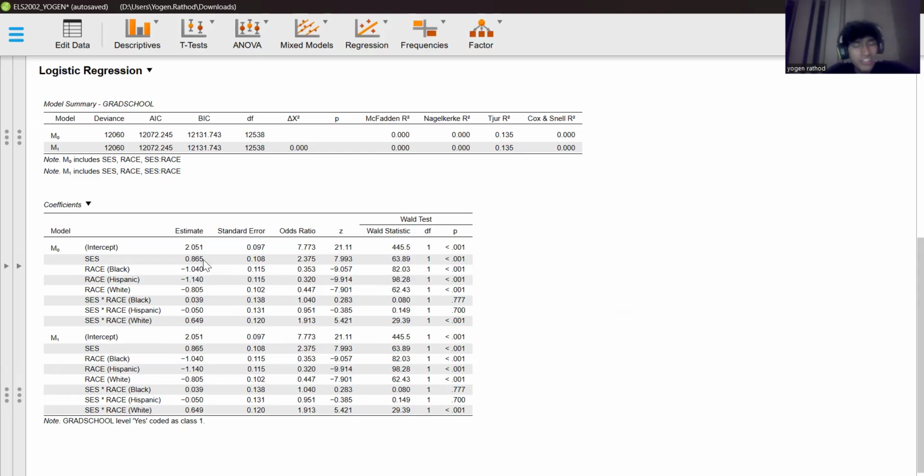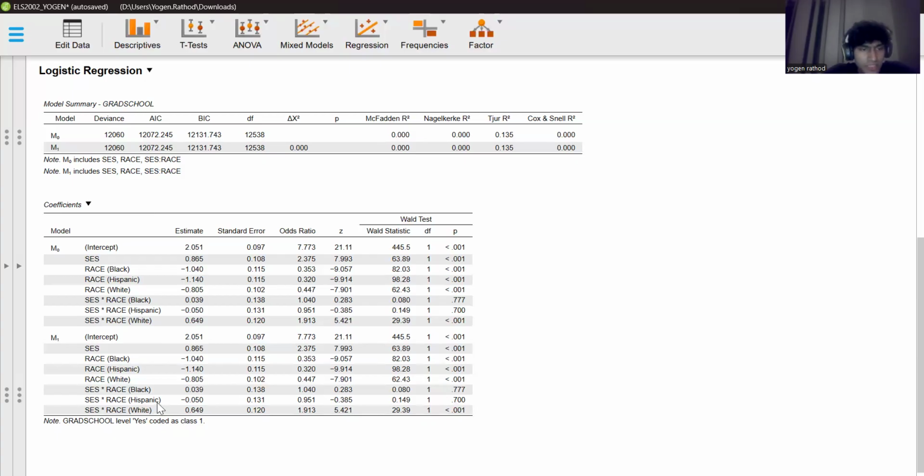If we consider the non-significant interactions, the interaction of the Black group has a p-value of 0.777. You can see here for the Black group, we got the p-value to be 0.777. And for the Hispanic group, p equal to 0.700.